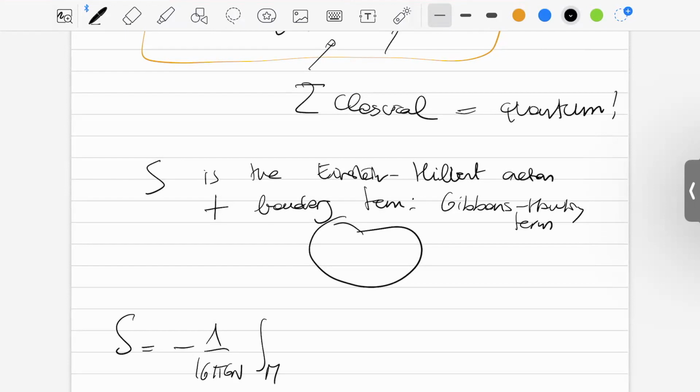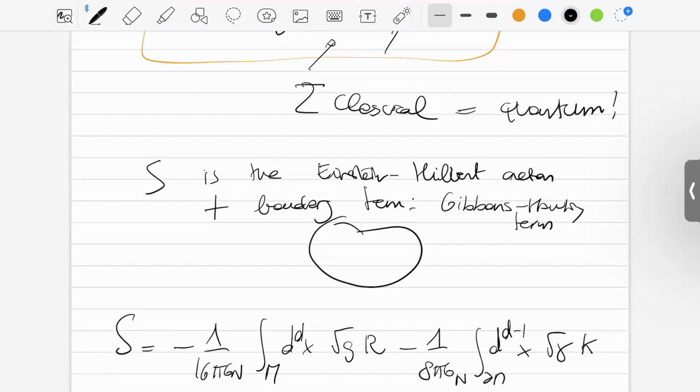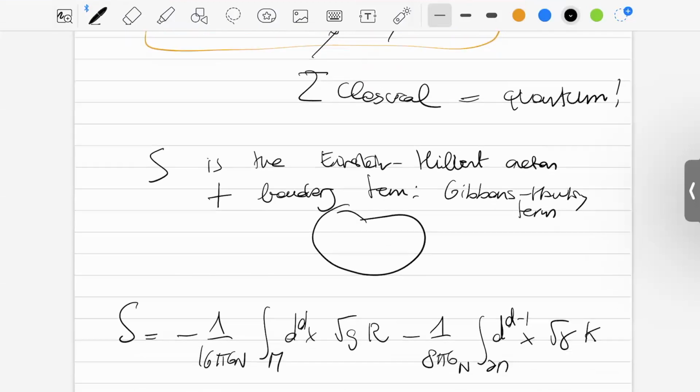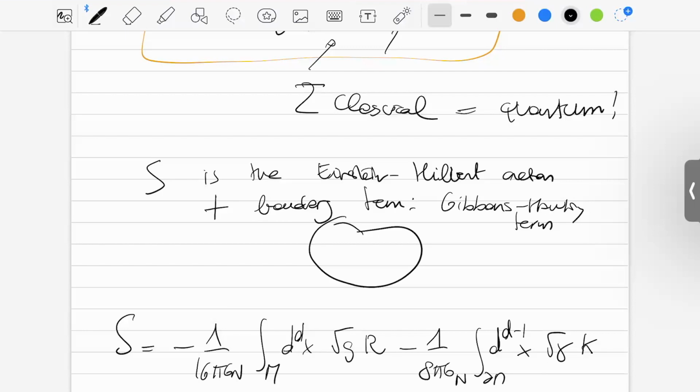Here I integrate over some manifold M. Let's do the calculation in general d dimensions, so this is the integral of d^d x square root of g R, and then we have the expression of the Gibbons-Hawking term, which is a boundary term, an integral where gamma is the induced metric on the boundary, which is ∂M, and K. K is the so-called trace of the extrinsic curvature.